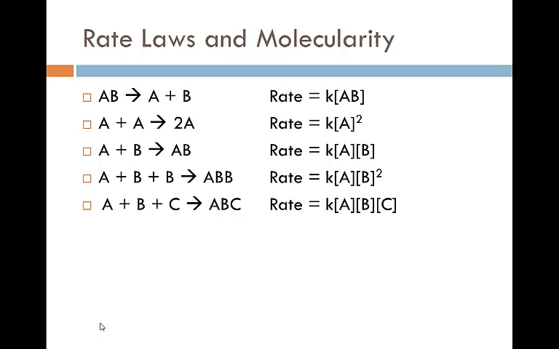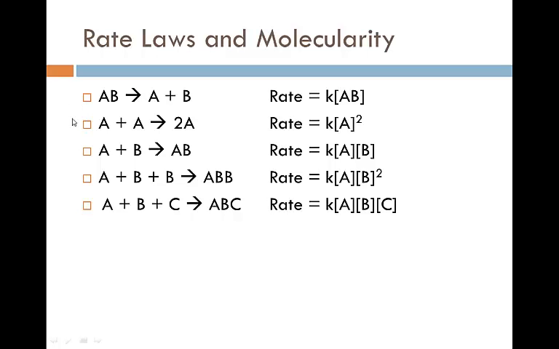Now, again, we've not yet seen a mechanism. We will on the next slide. These are simply examples of elementary steps, things that could be part of the 1, 2, or 3-step mechanism. But I've put these here to show you, first of all, what we would call these elementary steps.